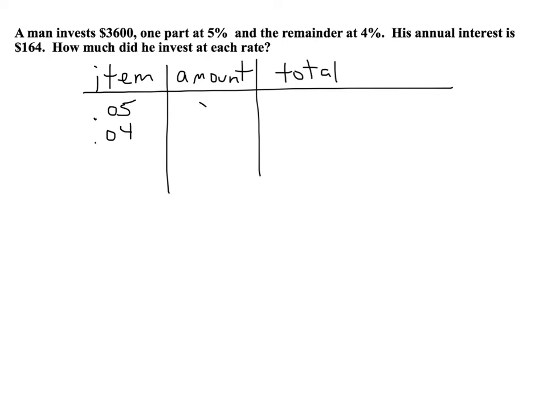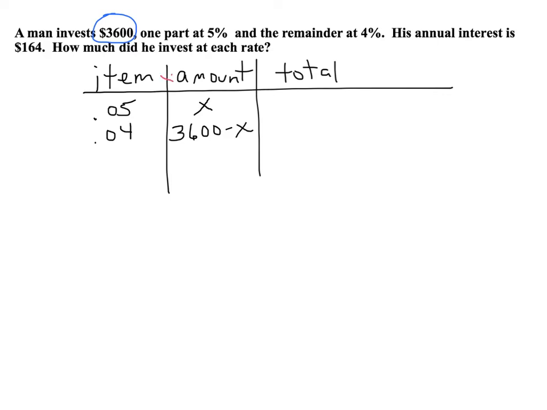I don't know the amount that I'm investing at the 5%, so I'm going to make that X. I am investing a total of $3,600, and if X of it is at 5%, the remaining would be 3,600 minus X. So that must be the amount that I am investing at 4%.